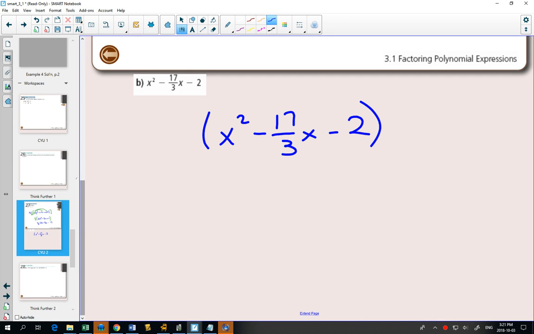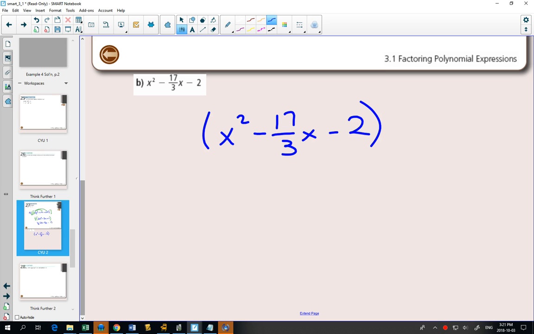In part B, we have a fraction. So in part A, we had a decimal, and we found out that we could multiply by 2 to get rid of that decimal. In part B, we have a fraction. So what would I have to multiply all of this by to get rid of the fraction of the 3 on the bottom?